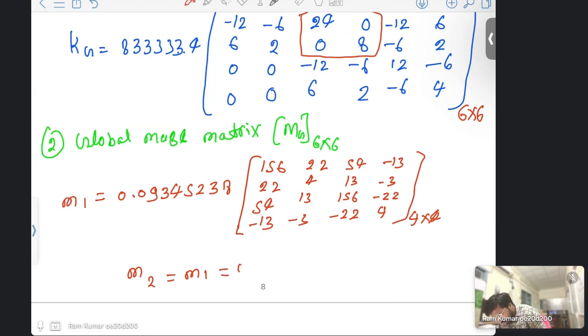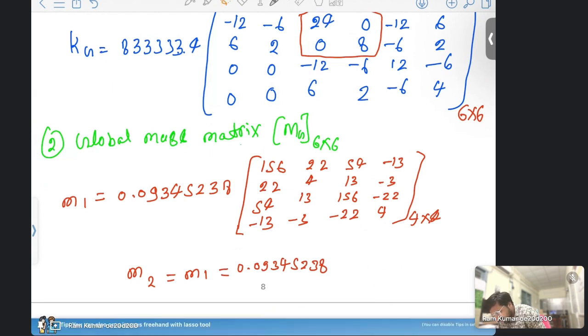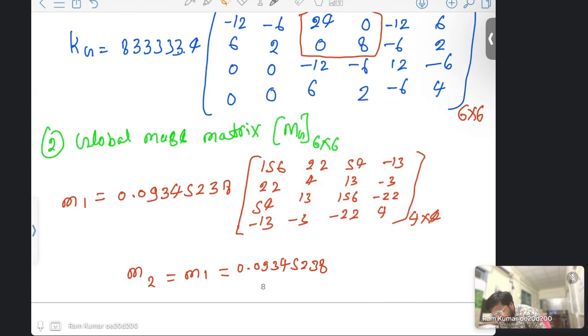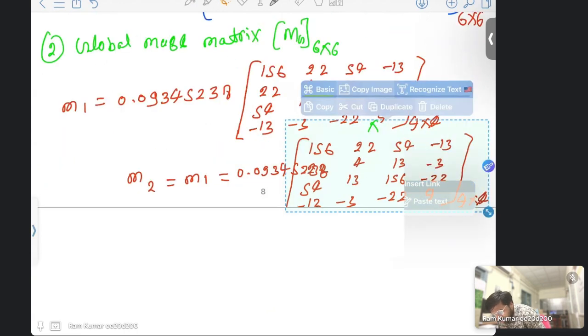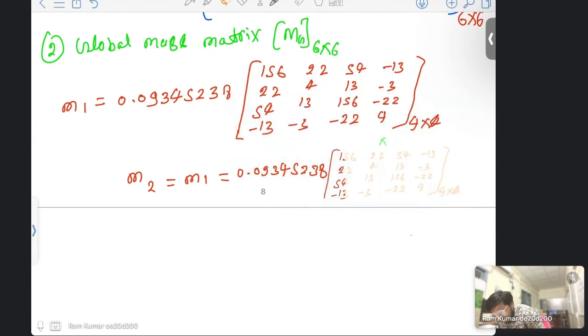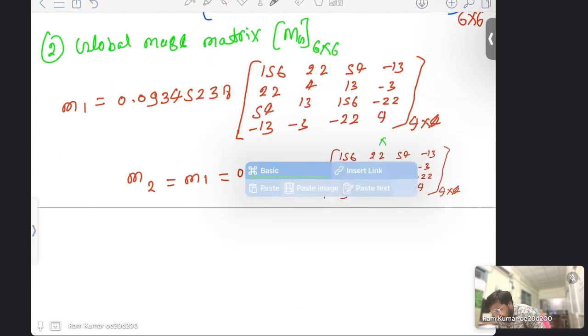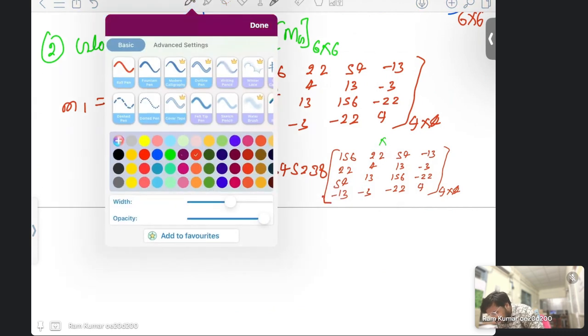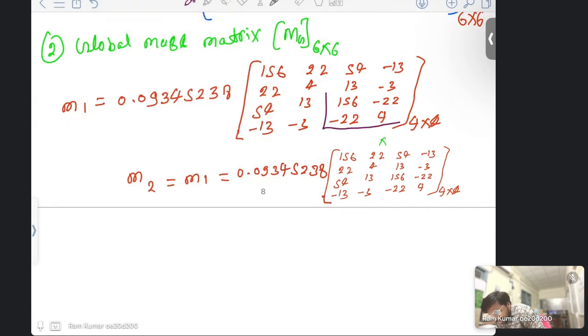It will be 38. This matrix, copy, paste like this, and we have to add these two rows and columns with this one.